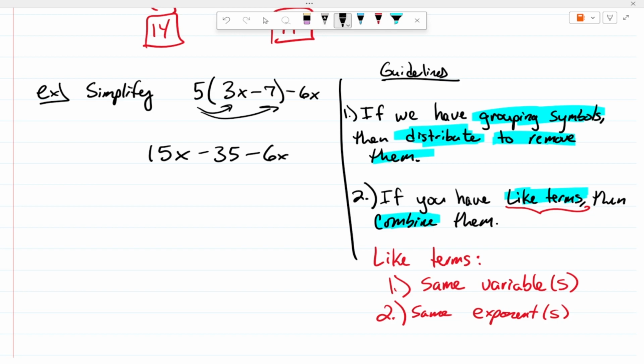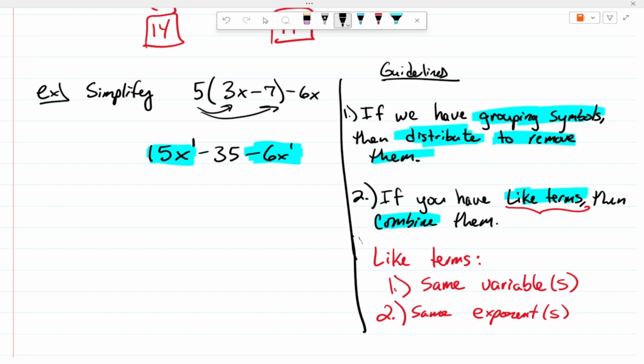So when we look at our example on the left-hand side, we have 15x, and that x is actually raised to the first power. And then you have a negative 6x, and that x is raised to the first power. So we're going to group them together first.